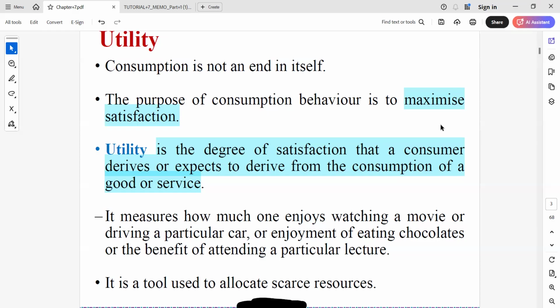Let me just explain that one last time. In economics, they deal with assumptions.